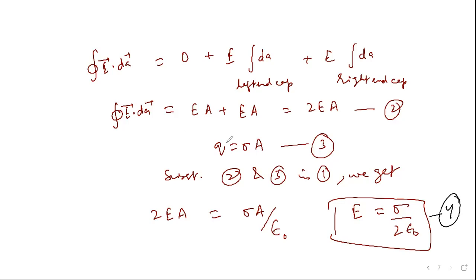So electric field due to an infinite sheet of charge is sigma by 2 epsilon naught, where sigma is surface charge density of the sheet, which we have assumed to be constant. Now see, there is no r dependence in E. That means it is independent of the distance from the sheet. That means it is uniform in space. So it's important.